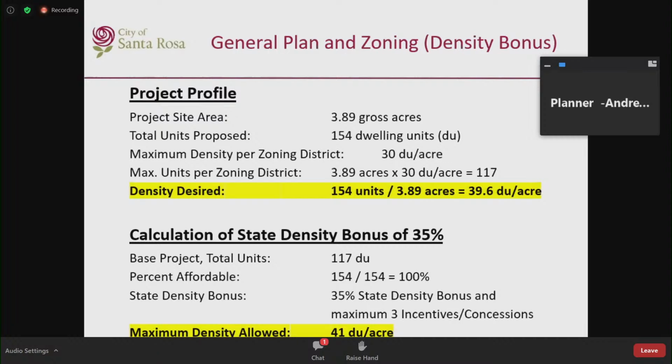The project did seek a 35% density bonus. Eligibility was determined, and the applicant was notified that the project is eligible for density bonus. That maximum density allowed is established at 41 dwelling units per acre, which is consistent with what's required for the project.